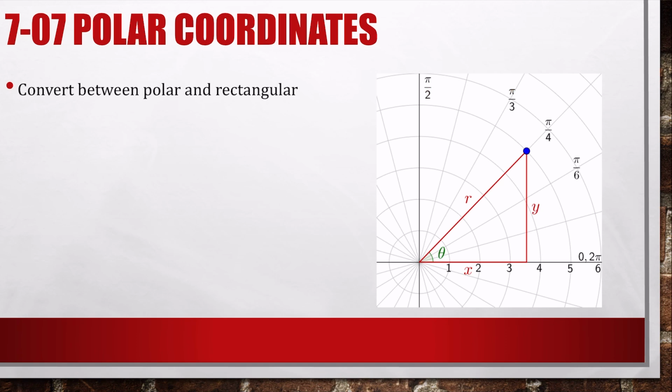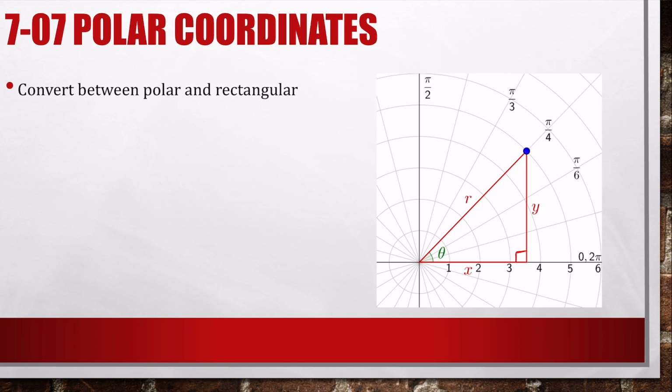It is possible to convert between polar coordinates and regular coordinates, the x, y coordinates. If we're in polar, as you can see there, we can draw a right triangle. Since it's a right triangle, we know r and theta.